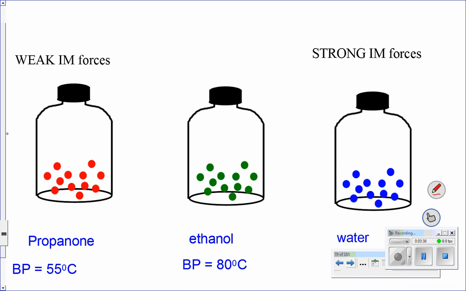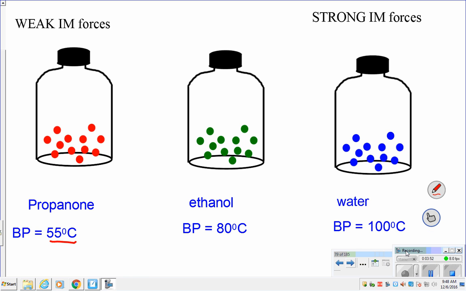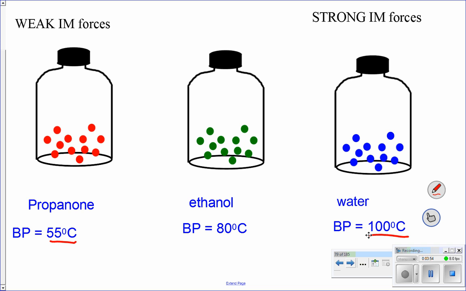Propanone has a very low boiling point. It's very easy to get the molecules to be separated from one another because the forces in between them are weak. On the other hand, water has a much higher boiling point and strong intermolecular forces. It's much more difficult to get it to become a gas. Ethanol kind of falls right in the middle.